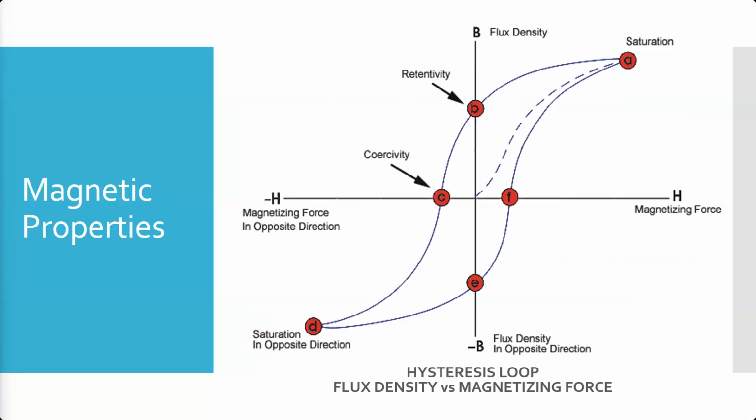And again, we'll now reach the negative saturation point sometime, hopefully just before we hit our max negative voltage. And then the whole process starts again as our voltage goes back to 0, we hit 0 here, and we get to point E, which is our negative retentivity, the retentivity in the opposite direction, which should be the same distance from the origin each way. Parts aren't necessarily easier to magnetize one way than the other.